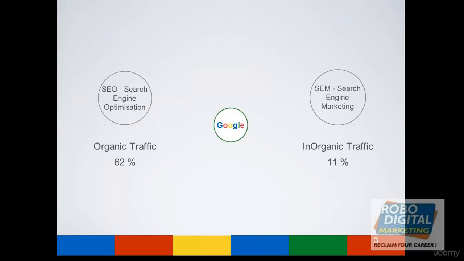Another is search engine marketing, which is the paid ads, that is Google AdWords. So 11% of the traffic clicks on these paid ads. So we have a very huge market. That 11% is even in some billions, so we don't have to worry about it. It's a huge crowd we can target through paid ads.